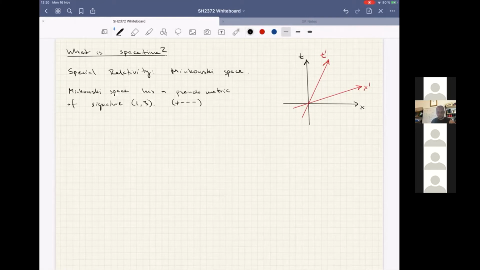So what we can say about Minkowski space then is that it is the 1-3 signature equivalent of Euclidean space.